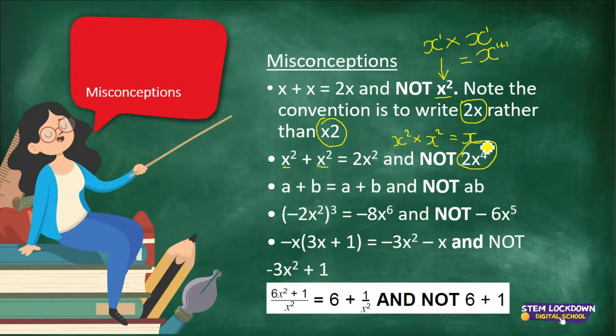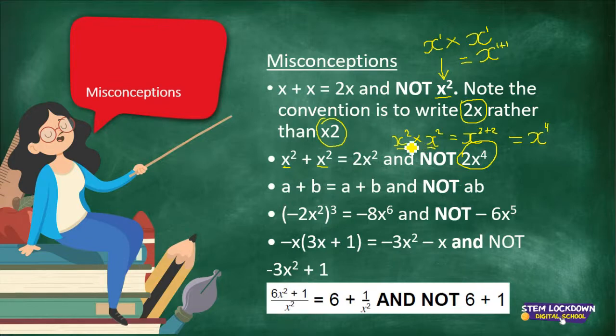Since the bases are the same, learners, what do you do to your powers? Yes, you add your powers. So 2 plus 2, answer is 4. So the correct answer will be x to the power 4. So don't confuse addition with multiplication. It's very, very important.